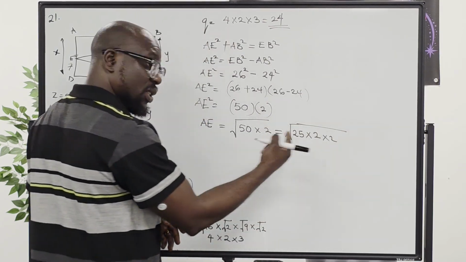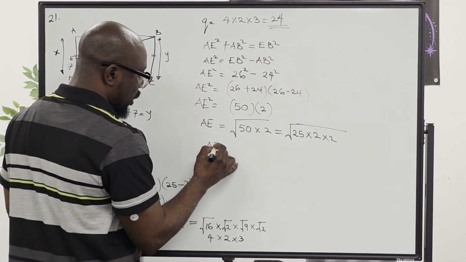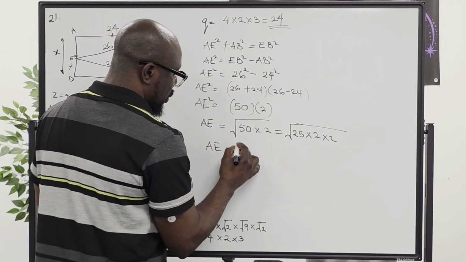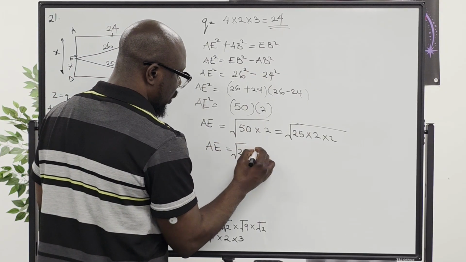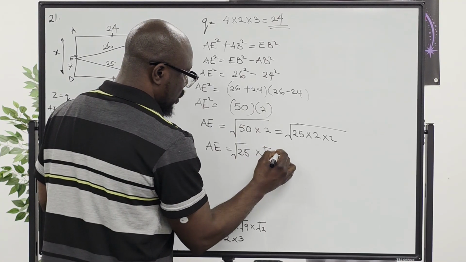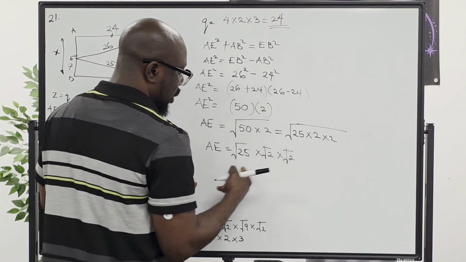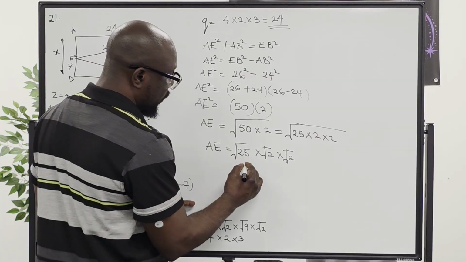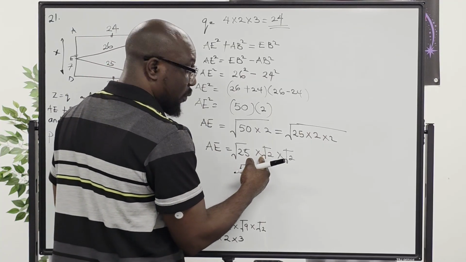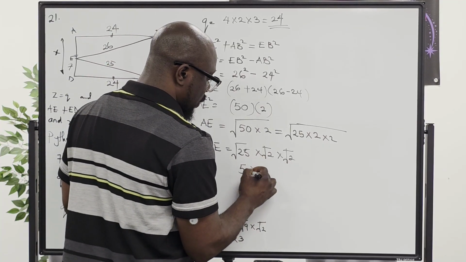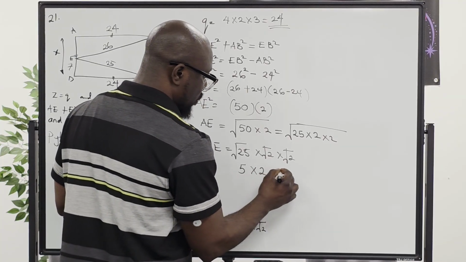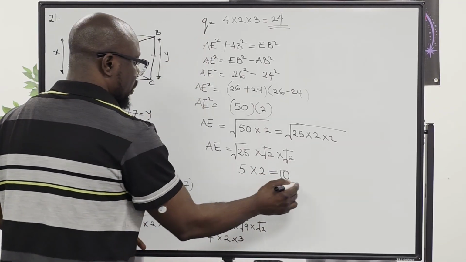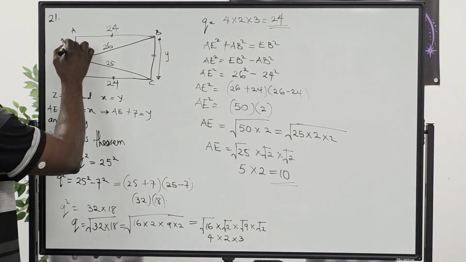If you break this into surds, your AE becomes the square root of 25 times the square root of 2 times the square root of 2. The square root of 25 is 5. The square root of 2 times the square root of 2 is 2. So 5 times 2 is 10, which means that AE right here is 10.